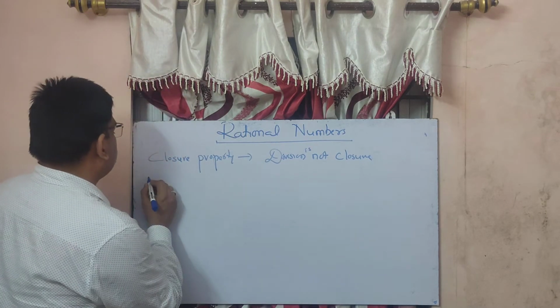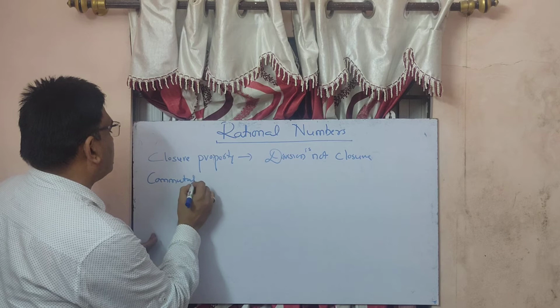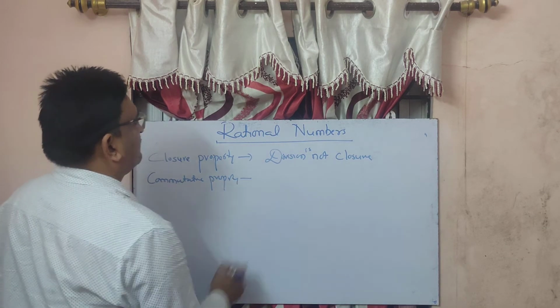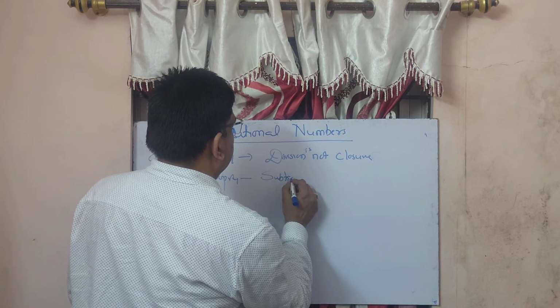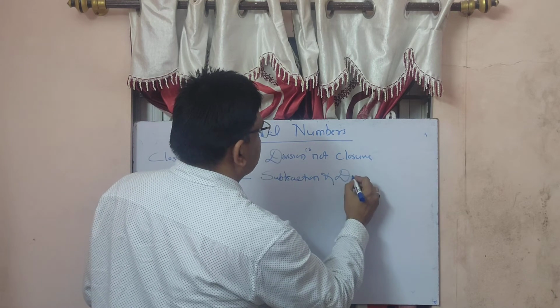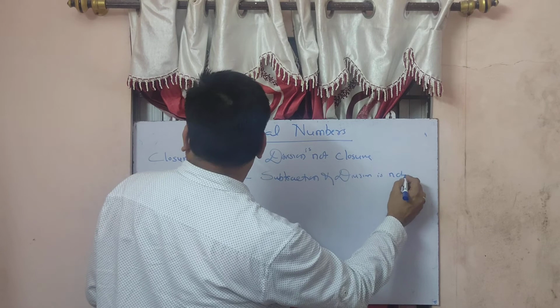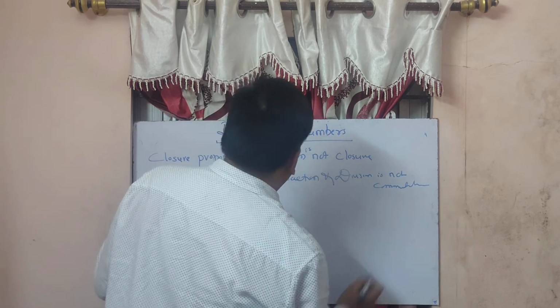And whereas in commutative property, subtraction and division is not commutative.